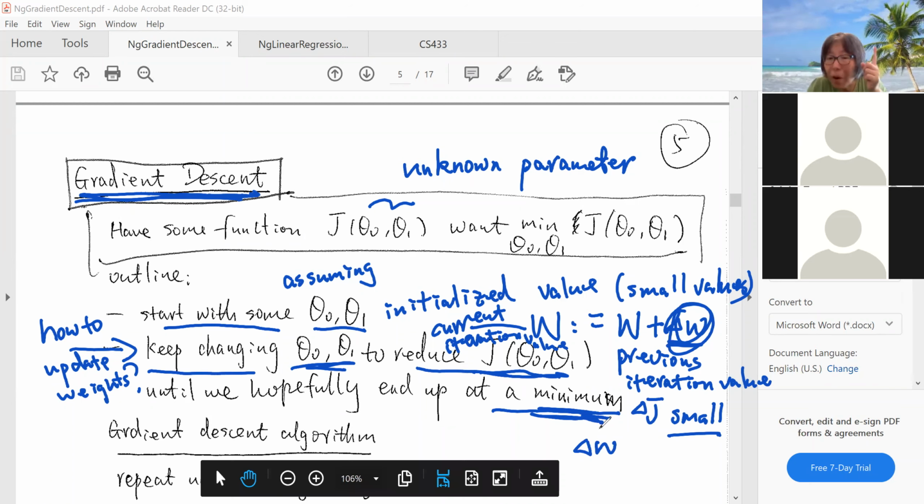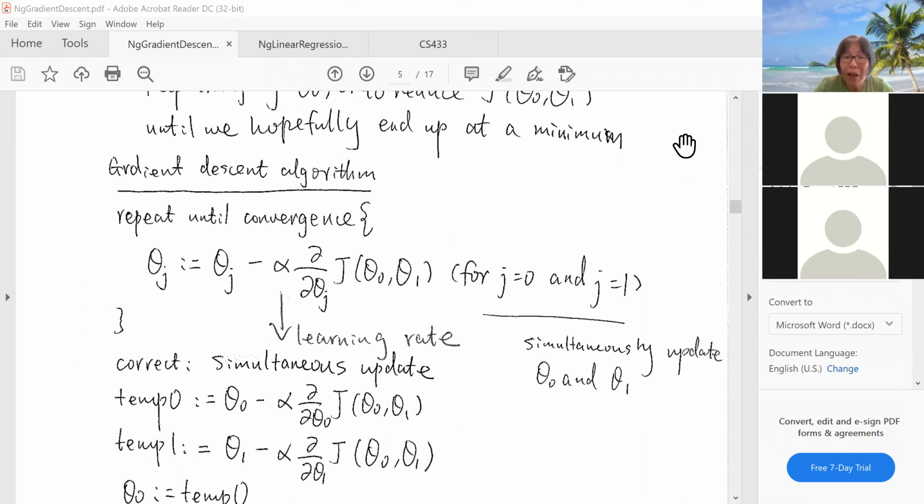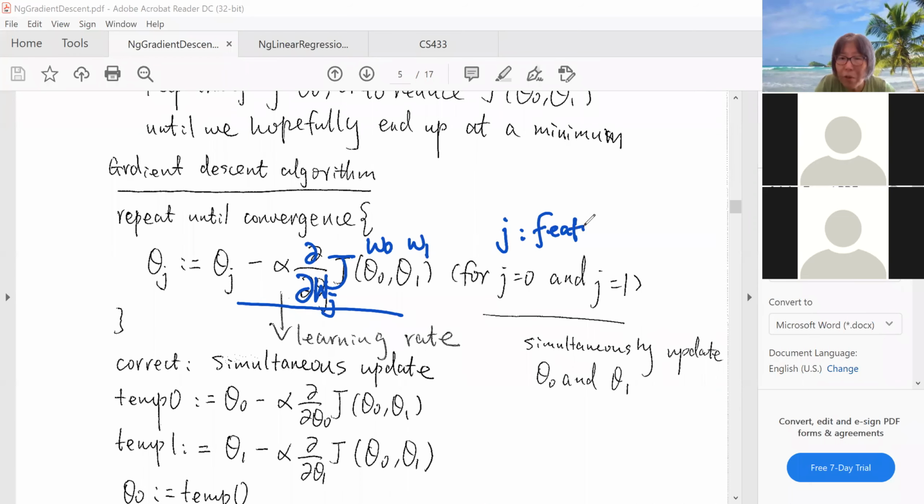Is it the update of the weights? So how do we find it? That value comes from taking a derivative of the cost function. And here it is a partial derivative because you have multiple unknown variables, so this is W0, W1, and it's Wj, where j represents the features.